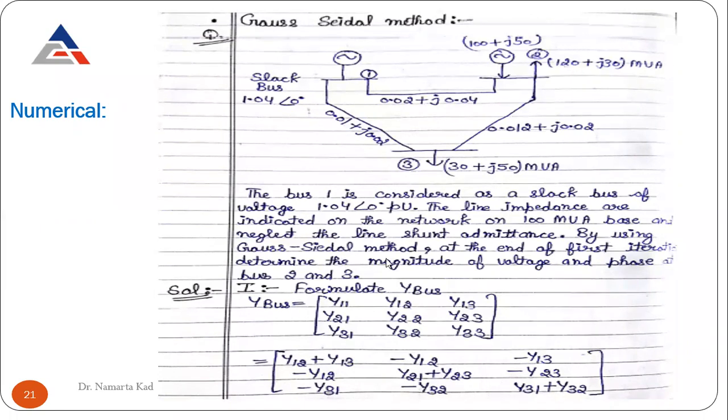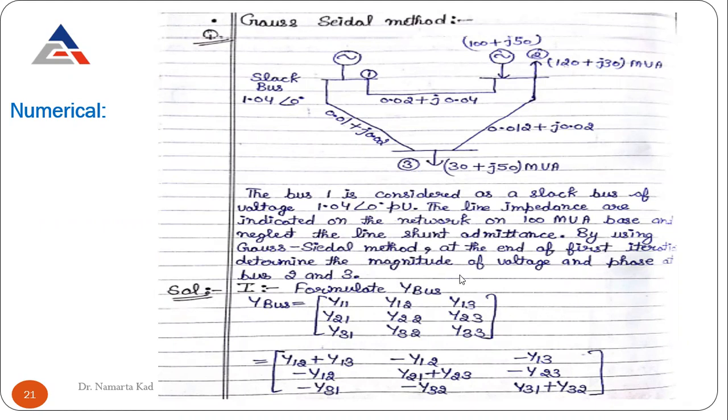Using the Gauss-Seidel method, at the end of the first iteration, determine the magnitude of voltage and phase at bus number 2 and 3. So that means on bus number 2 and bus number 3, you have to find out the voltage and its phase angle. So this is the question, and you have to run the Gauss-Seidel method up to the first iteration only.